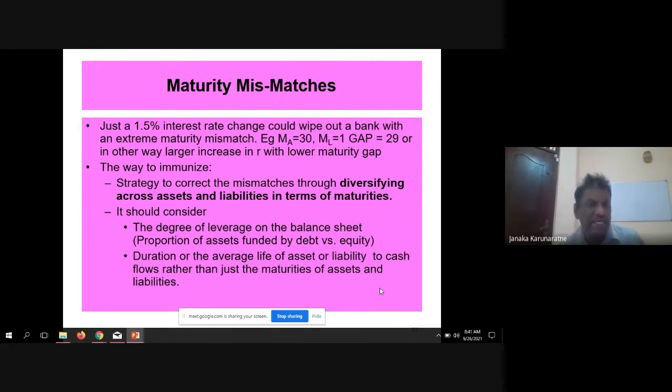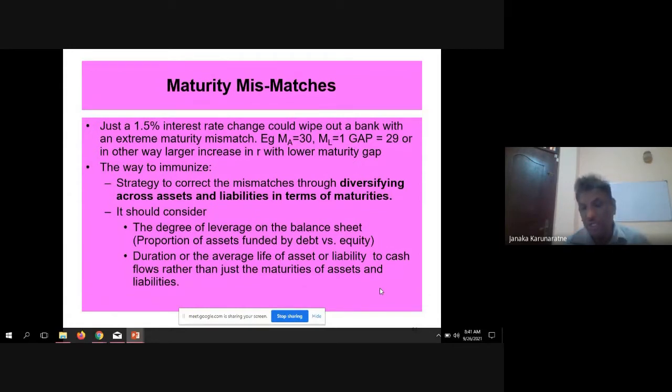If you look at an asset or liability which has in-between cash flows, for example a deposit product where you pay monthly interest, the structure is different and the real maturity is different. Similarly, if you invest in a government security, a treasury bond, where you receive 6-month coupons, your real maturity is different. This is called the duration.